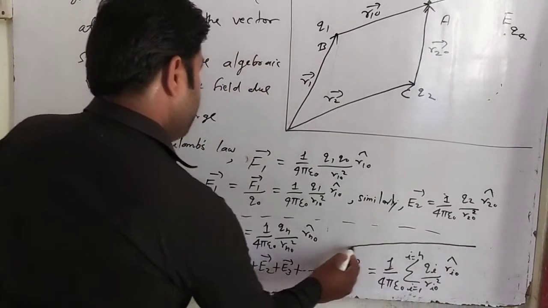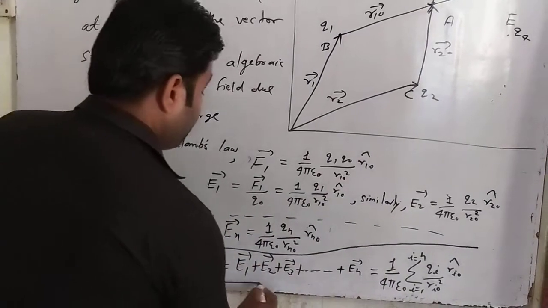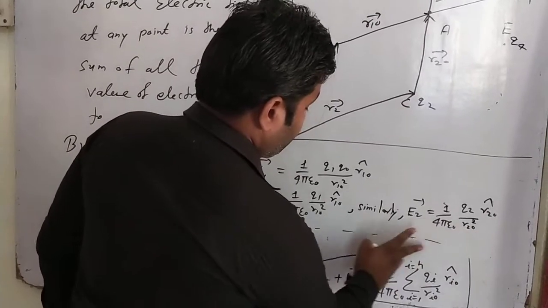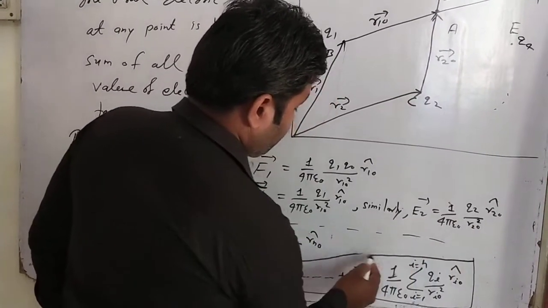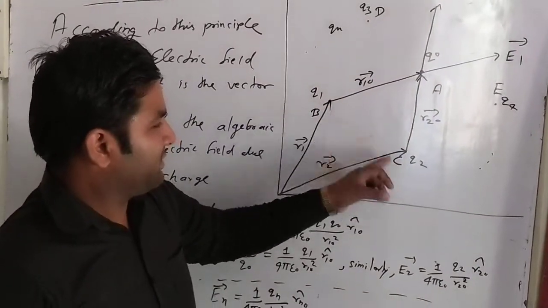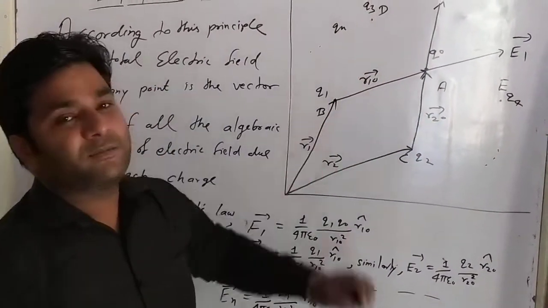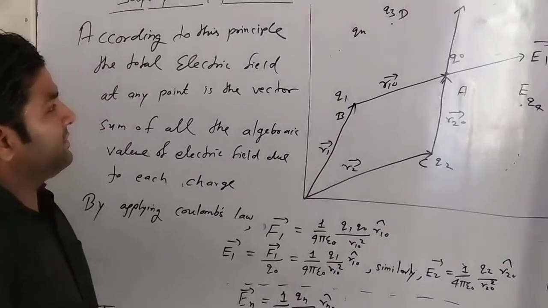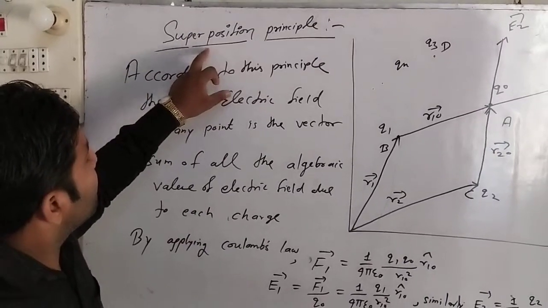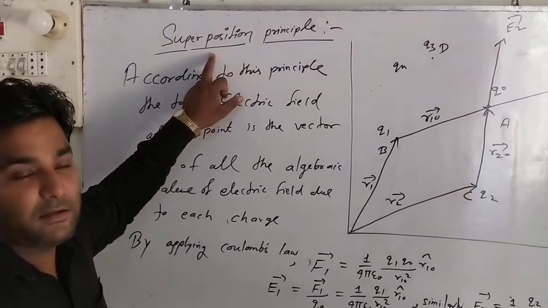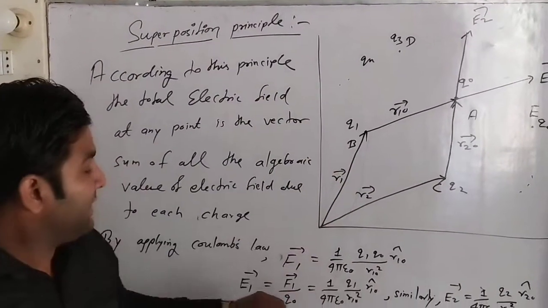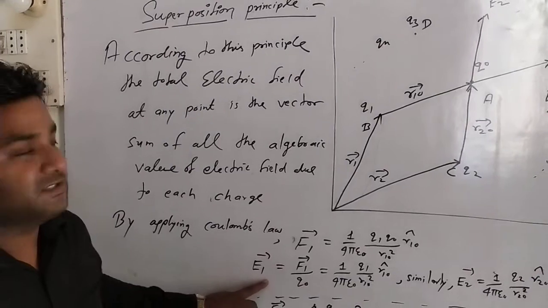This is the value of the total electric field at point A due to a number of charges Q1, Q2, Q3, Q4 and so on up to n charges. Very simple. Just listen again. Due to this principle, we can calculate either a number of forces acting at a point, or we can calculate the electric field at a point due to n charges.